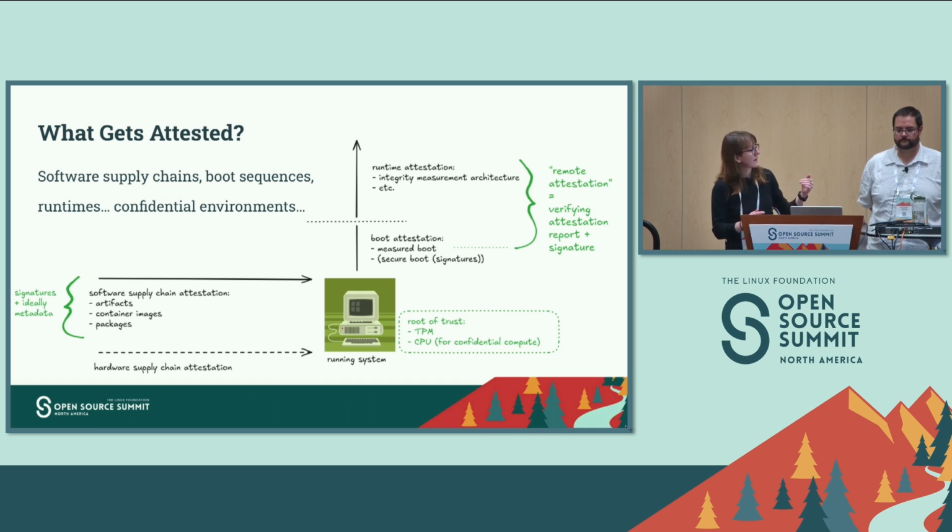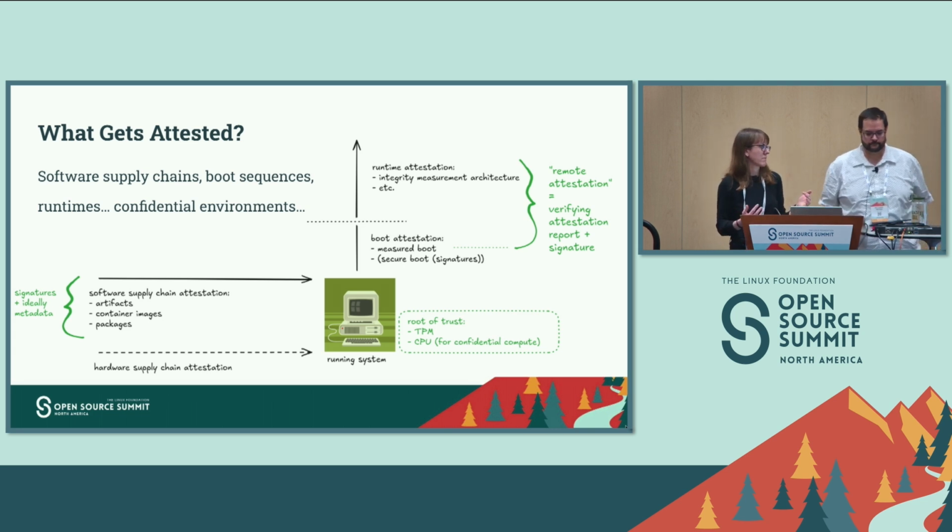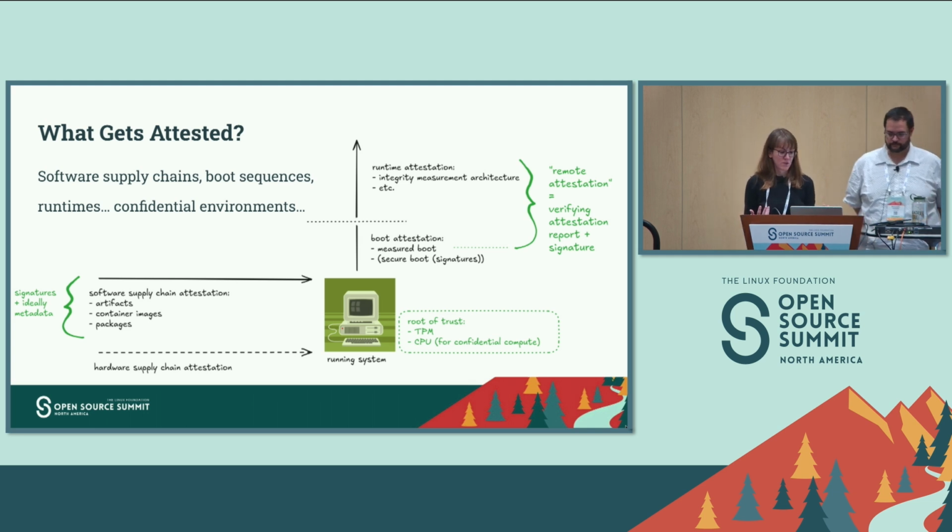And at that point, we get into boot attestations and runtime attestations. And those can be done locally, but what we're going to be focusing on today is how to verify those boot and runtime attestations remotely. So when the computer is not actually physically with us, it's in the cloud, it's on the edge, how do we do that? And what does that attestation process look like? How do we enable it?